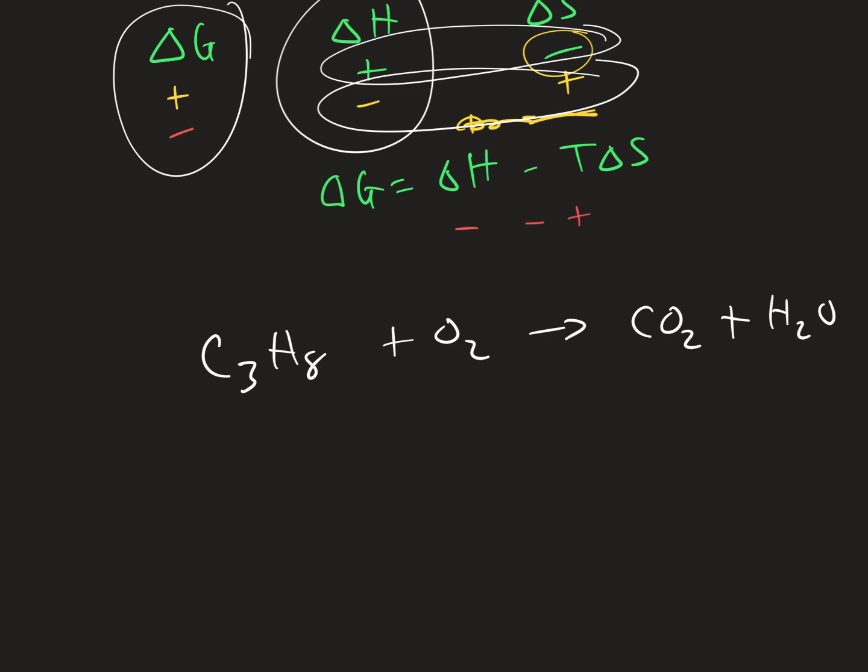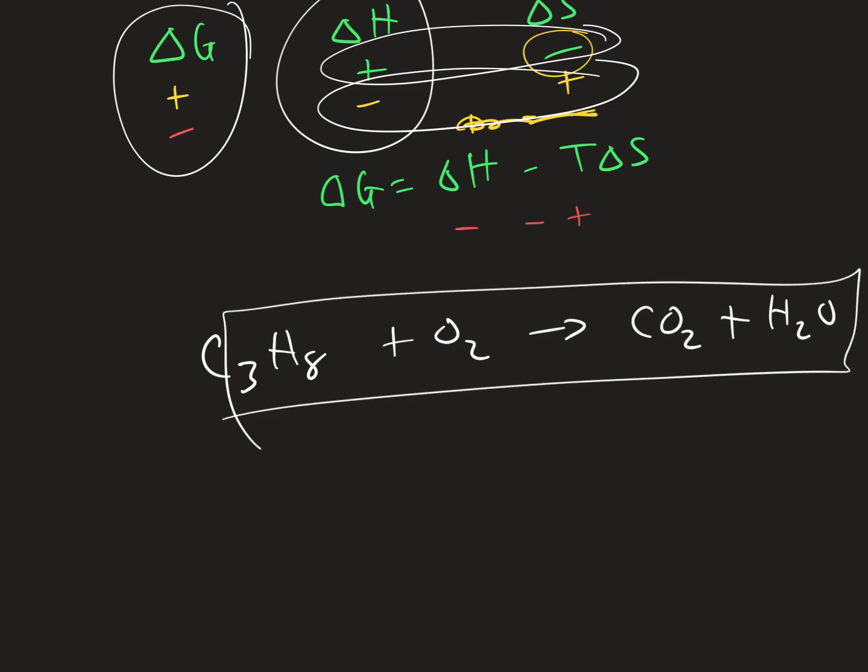If it's spontaneous, then it's negative delta G, right? And if it's non-spontaneous, it's positive delta G. But we don't know that just by looking at this. Therefore, I'm not going to ask you that. All right?